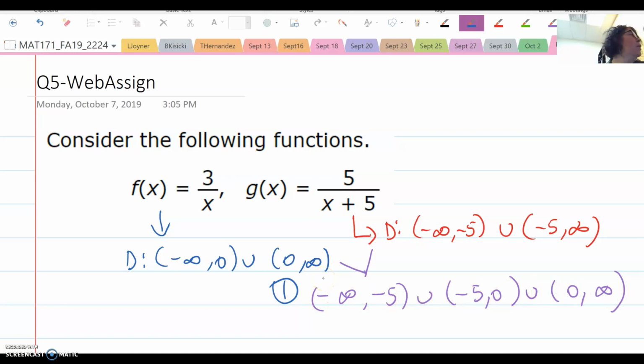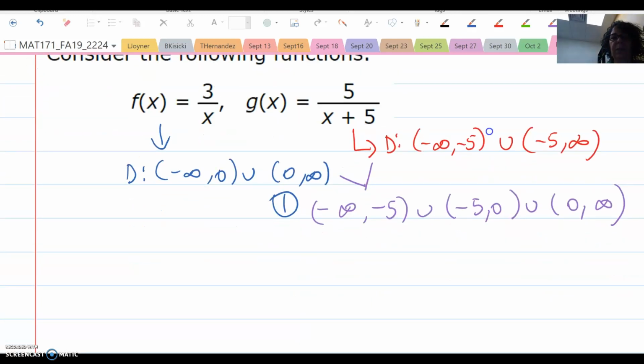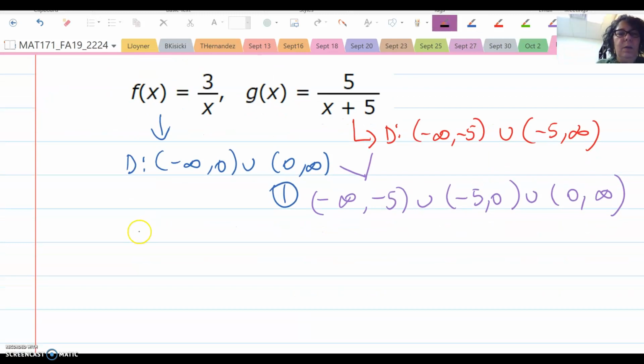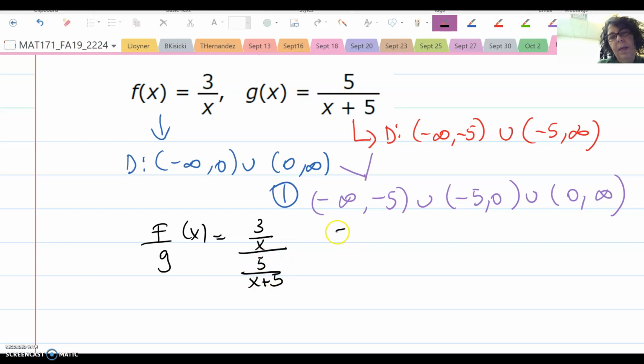All right, then we're going to look at the combination, which is division in this case. So f over g of x, which is 3 over x divided by 5 over x plus 5. And then f over g of x will be, if you do keep, change, and flip, 3 over x times x plus 5 divided by 5.